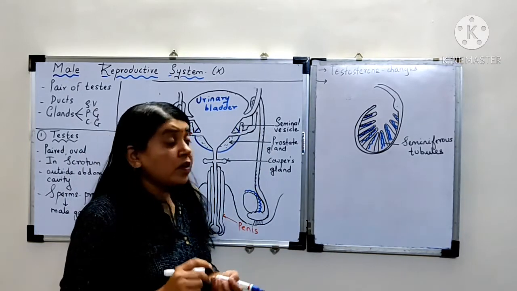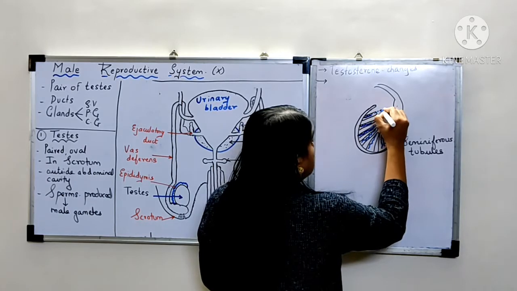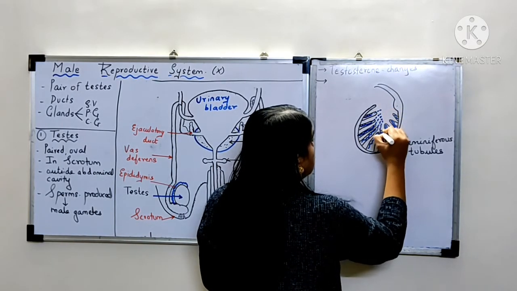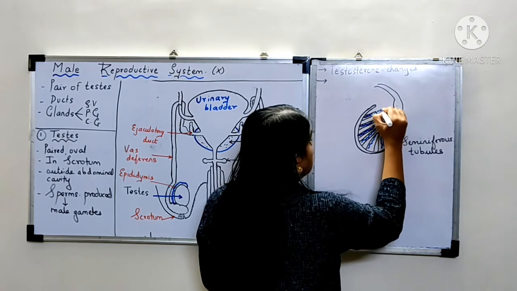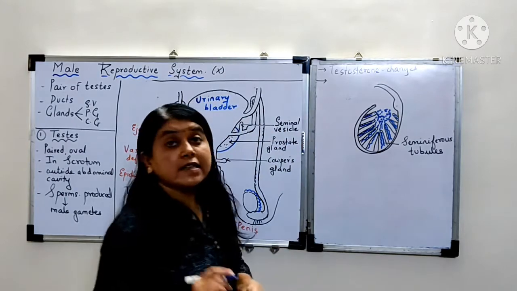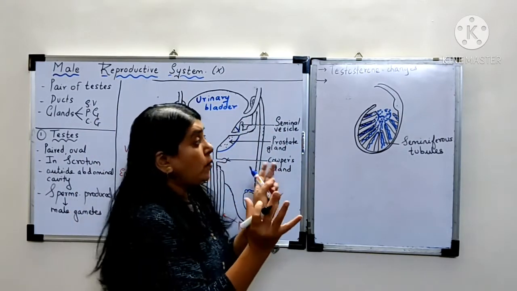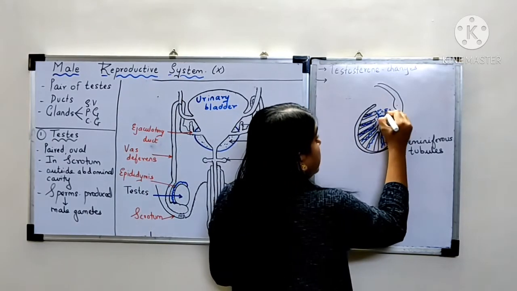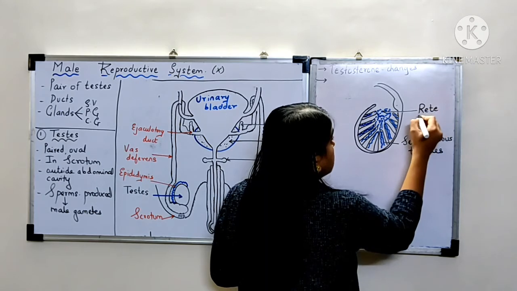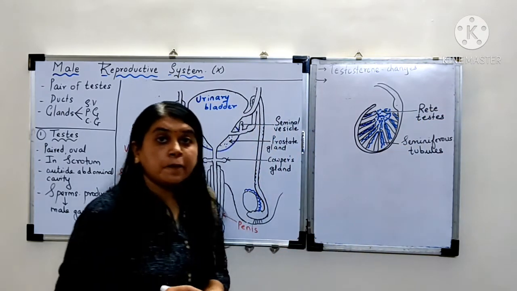Okay. Now, these tubules are going to form a network. So, I am showing a network over here. This network of the tubules coming out from the seminiferous tubules is called the rete testis. Like this.